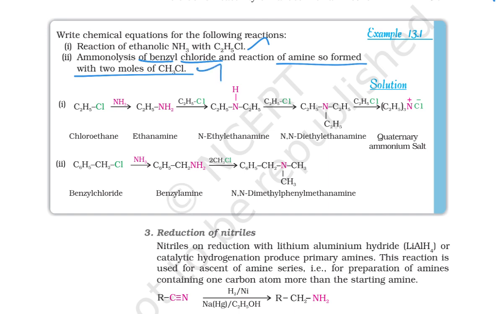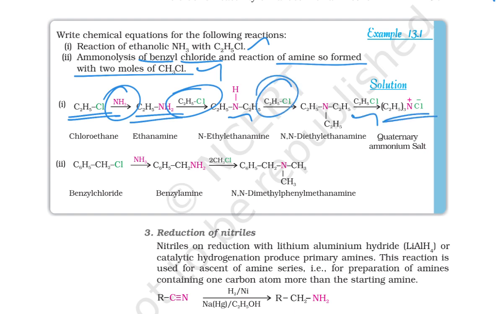So first what we are going to do is take your ethyl chloride, or chloroethane. It reacts with NH3, and it is going to form the primary amine. Again, if I use C2H5Cl, I will get the secondary amine, then I get the tertiary amine, then I get the quaternary amine. So as long as the lone pair remains, it will react with RX.